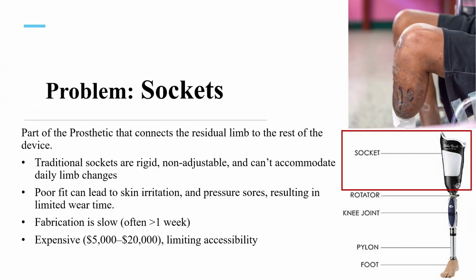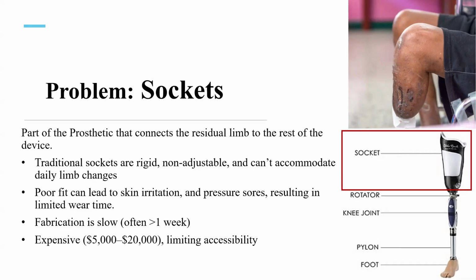So first off, what is a prosthetic socket? A socket is the part of the prosthetic device that connects the residual limb to the actual device. Traditional sockets are rigid and non-adjustable, and they cannot accommodate the limb changes that happen as a result of swelling.